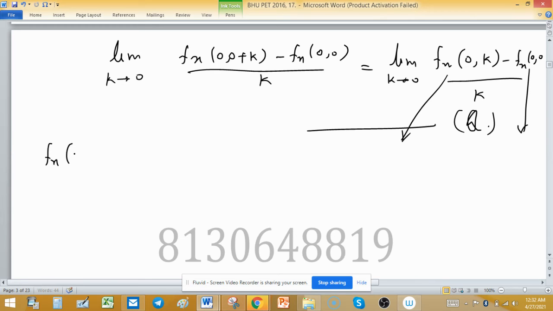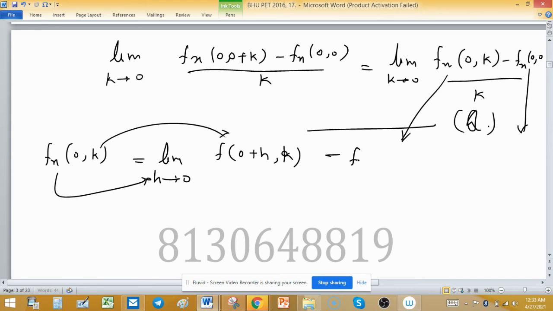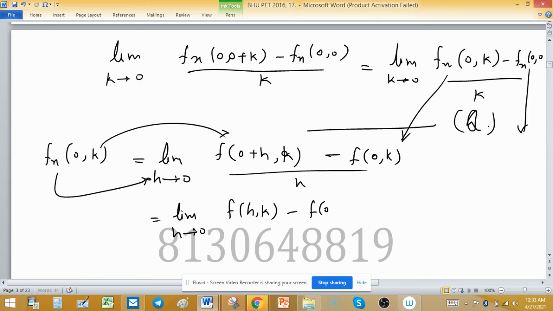First, f_x at (0,k) will be the limit as h tends to 0, because we are going to find it with respect to x, of f(0 plus h, k), because the point is (0,k), minus f(0,k), divided by h, and this is the limit as h tends to 0 of [f(h,k) minus f(0,k)] divided by h.